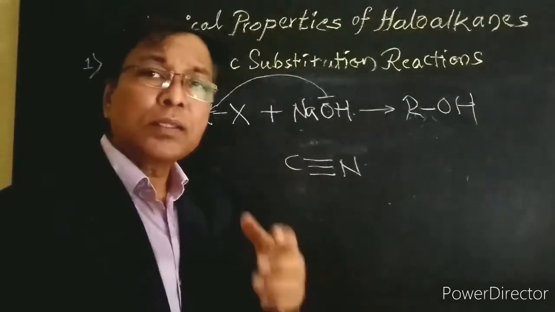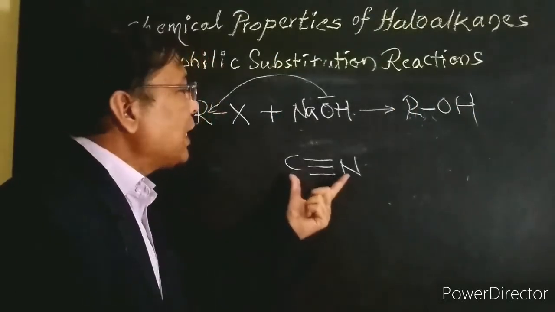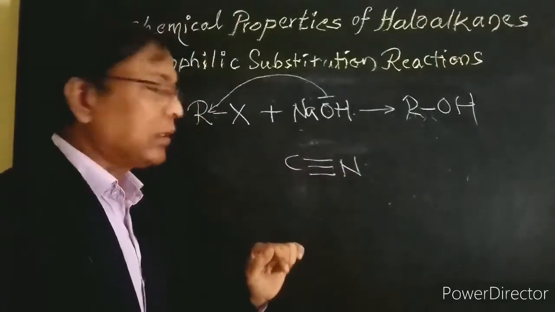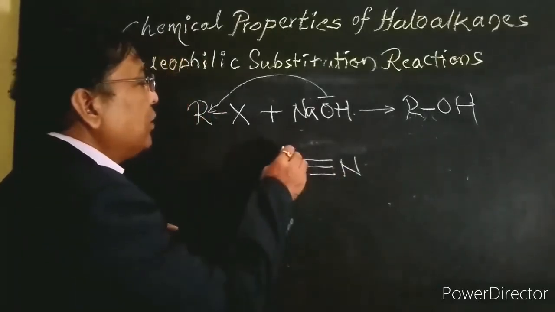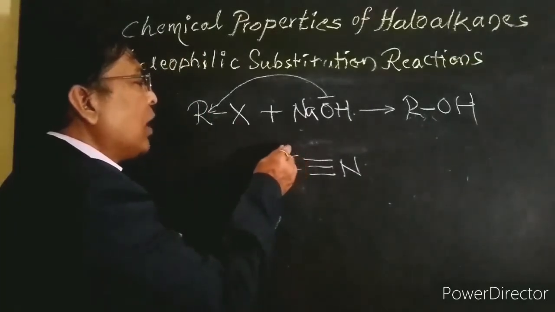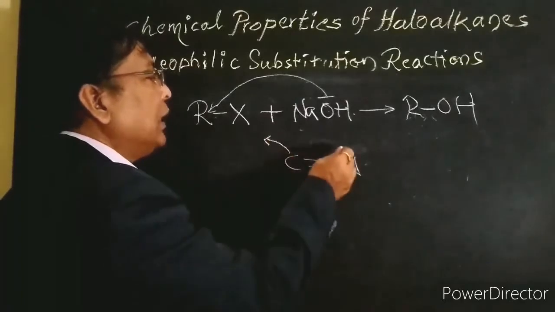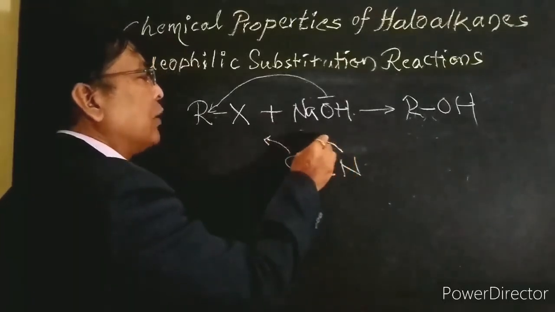But there are certain nucleophiles such as CN, they have two nucleophilic centers. That means they can donate the electron either from carbon or from nitrogen.